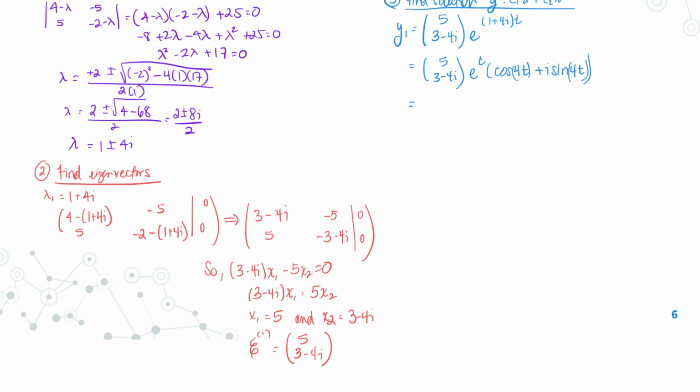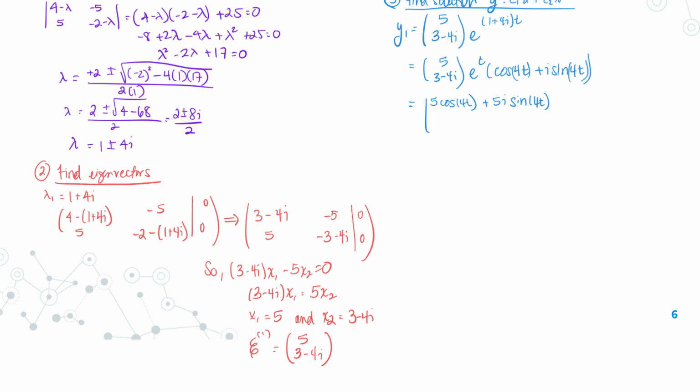We would end up with just distributing the 5 times the cosine and i sine, and 3 minus 4i times the cosine plus i sine. And we'll just leave the e to the t on the outside because it's going to stay the same for all of them. So we would have 5 cosine of 4t plus 5i sine of 4t. And in the second entry in our second row here of our vector, we're going to have to use distribution.